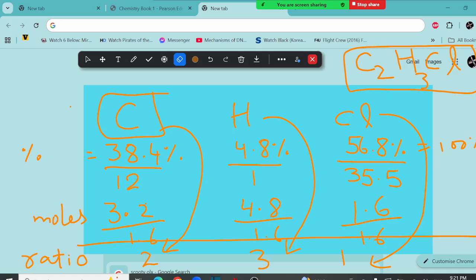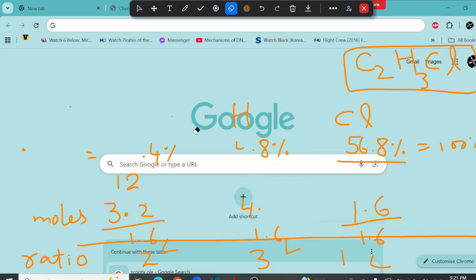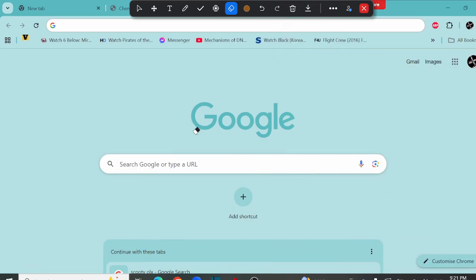Now there is another hint. What's the other hint? If you are not getting the values in whole numbers, what do you need to do? Well, it's easy peasy. Let's suppose you are getting 1.5 for carbon, 2 for hydrogen and 1 for chlorine. Don't round off 1.5 to the nearest whole number.